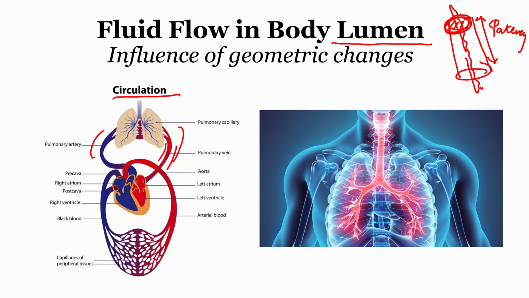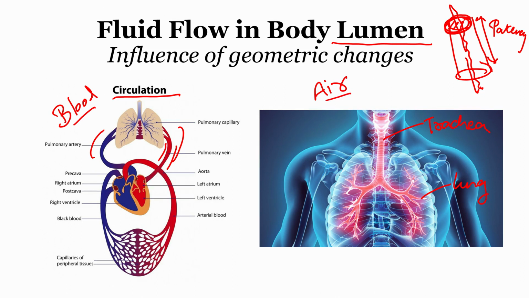Another example I can give, because here blood is the fluid that is flowing through the channel, is another body lumen through which air is being exchanged, that is the upper airway, the trachea and the lungs. The reason for taking two different examples is that the type of fluid that flows through these channels is different.